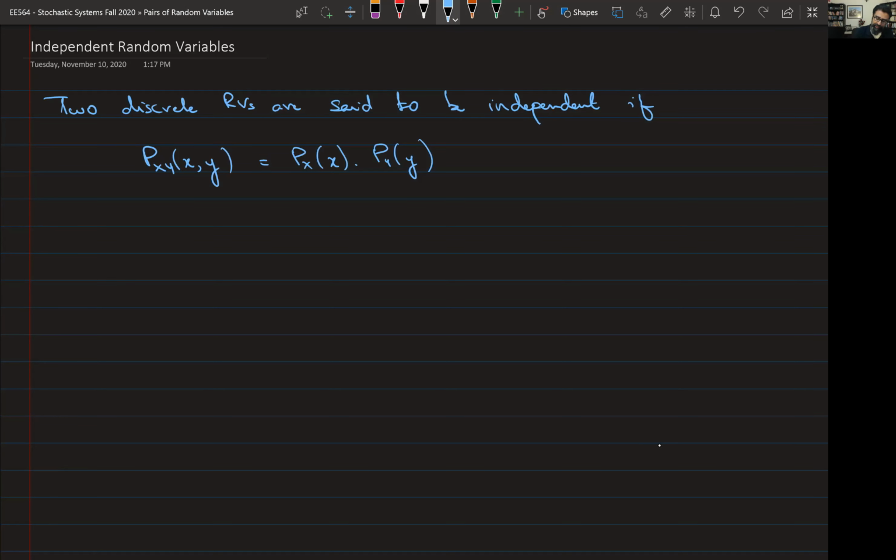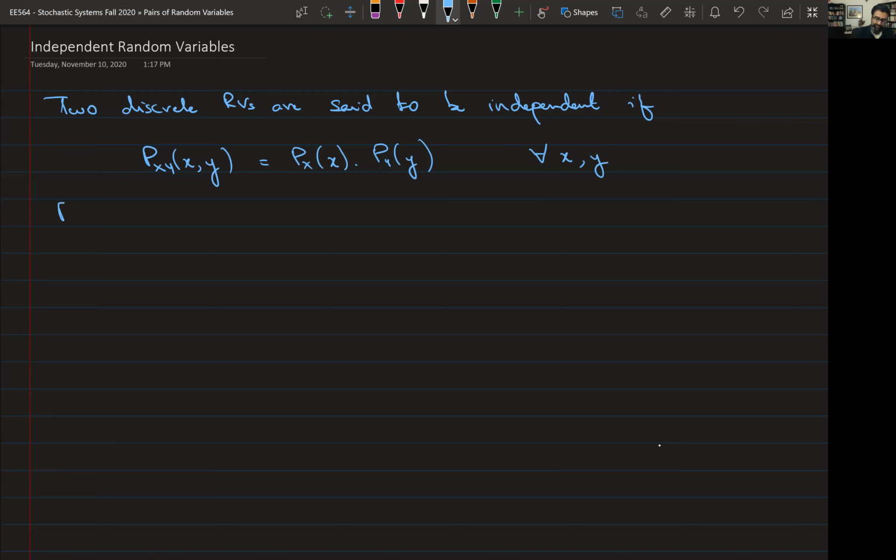And the key here is that this needs to be satisfied for all x and for all y. So the joint PMF evaluated at any x and any y turns out to be equal to the product of the marginal PMFs of both random variables at that x and that y. That's the definition of statistical independence between two discrete random variables.